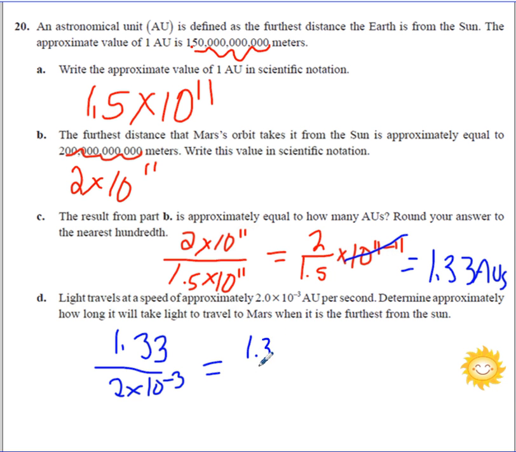So 1.33 divided by 0.002, again we had to move that decimal back 3 spaces, which gives us about 665 seconds. Otherwise, we can do it using the scientific notation way.